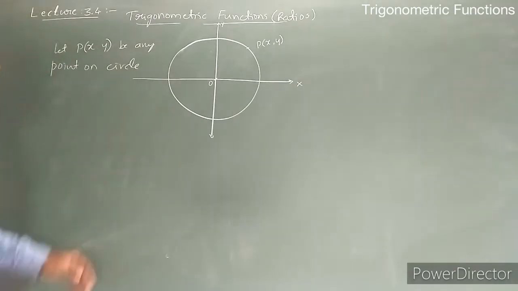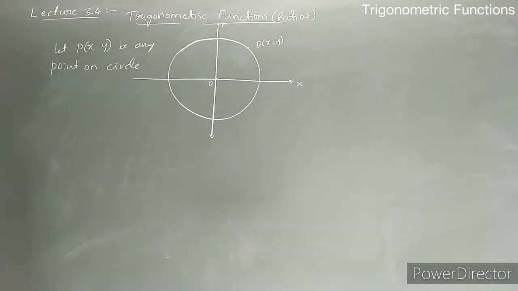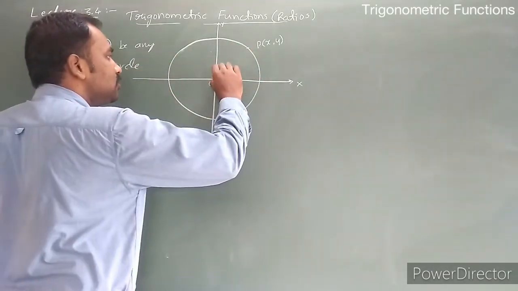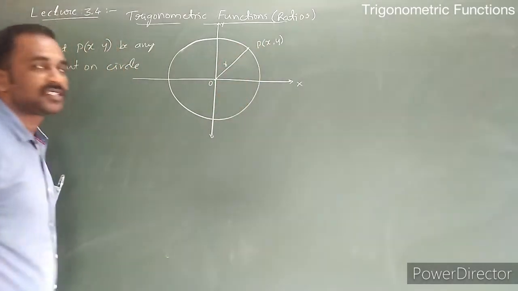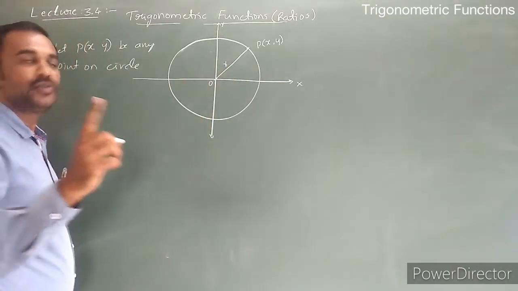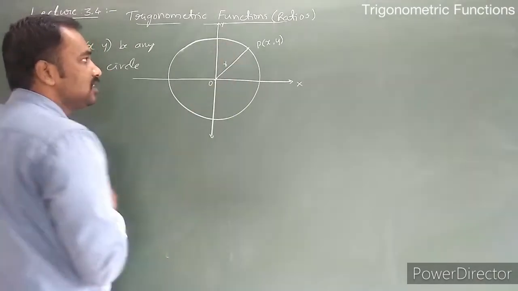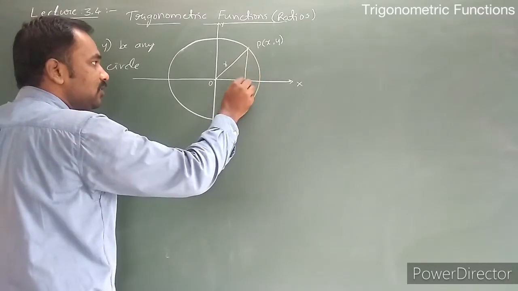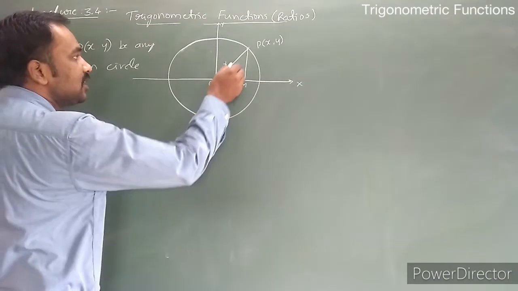The point might be present in the first, second, third, or fourth quadrant, whatever. I just consider it in the first quadrant, where both are positive quantities. Now join OP. What is OP? OP is the radius of the circle, equal to 1 unit because we have considered a unit circle. Now draw PM perpendicular to the x axis.